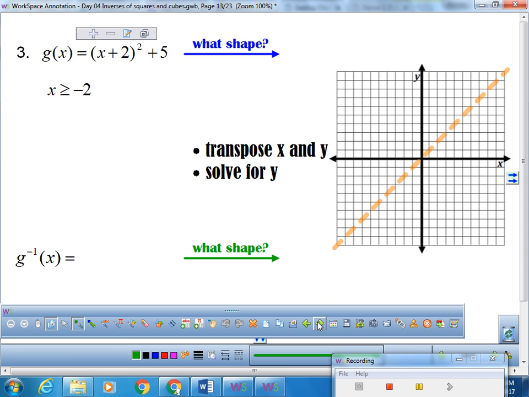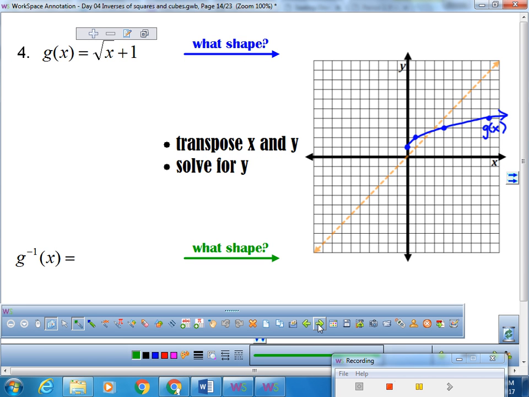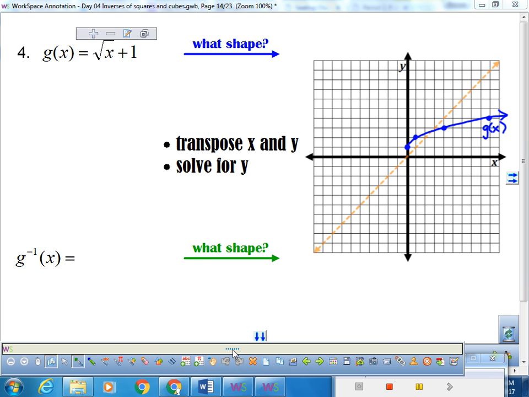Let's see. Hold on, I want to show you. Okay. So now I have g of x is a square root function, a positive one, right? So what do you think my inverse function is going to look like? What's the inverse of a square root?